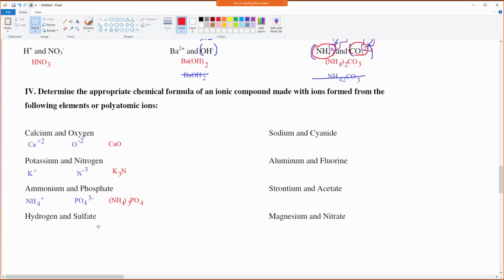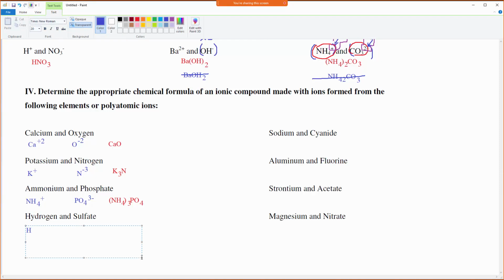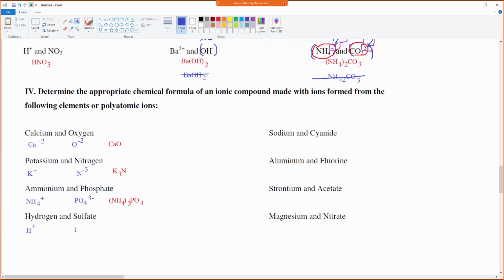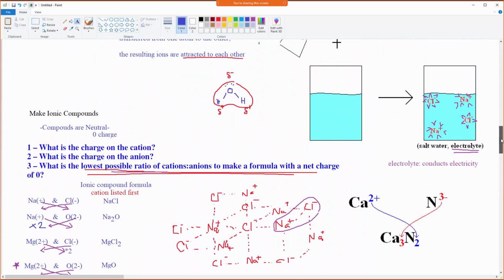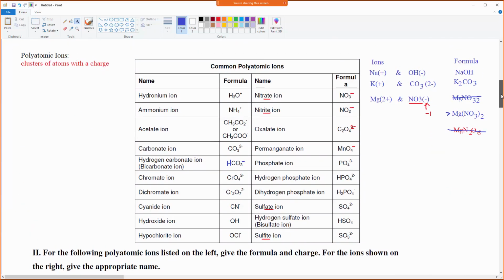Okay. What about hydrogen and sulfate? Good. Hydrogen's on the periodic table, and it's just a +1. Good. Sulfate. We're looking up here. Scroll up. I know they got it, but I wanted to scroll up anyway so everybody could have a chance to look at it, to find it here.